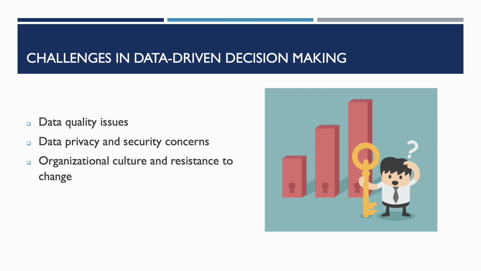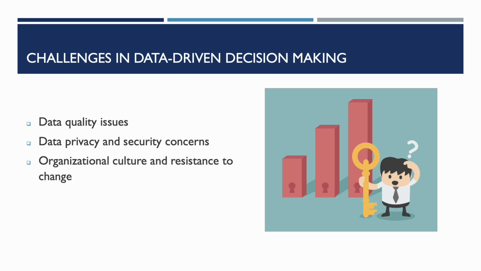So it is one of the biggest challenges in data-driven decision making is ensuring the quality and integrity of the data being used. If the data is inaccurate, outdated, or incomplete, the decisions based on that data will be flawed, because the data is the main source we are using for making the decision or doing the analytics. So if the data is not accurate, that will be a big problem.